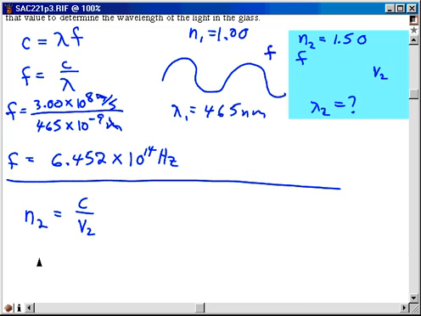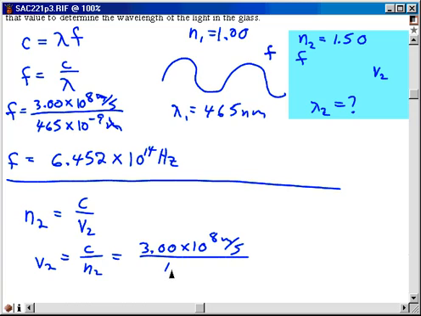And so V2 is C over N2, arrived at just by dividing both sides by N2. And that's 3.00 times 10 to the 8th meters per second, all divided by that 1.50 with no units. That's index of refraction, has no units whatsoever.